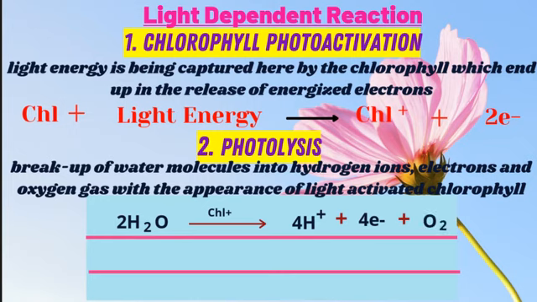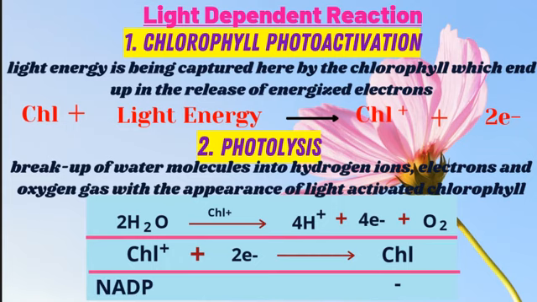This is an excited chlorophyll. Electrons from water will be combined by this chlorophyll, which will result in chlorophyll that is back into ground state. The hydrogen ions will now combine with electrons from the chlorophyll to produce NADPH.